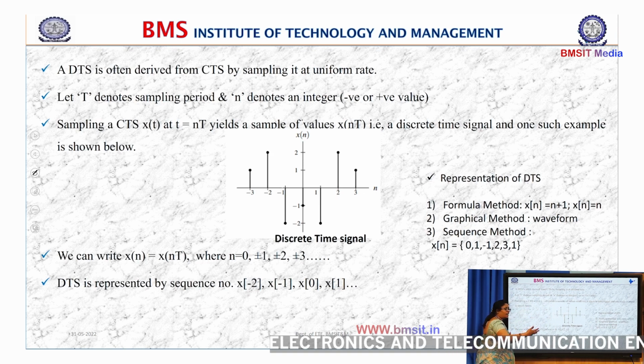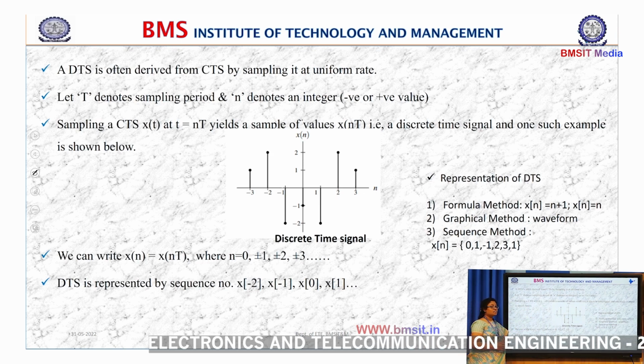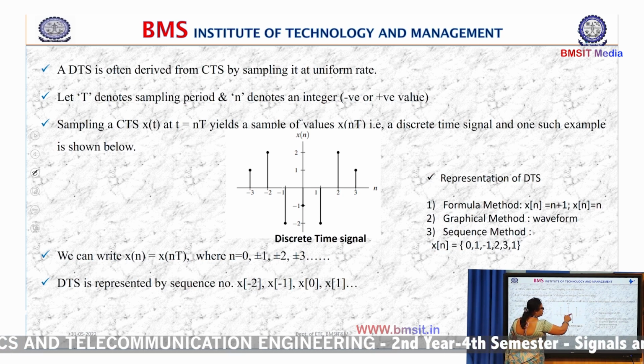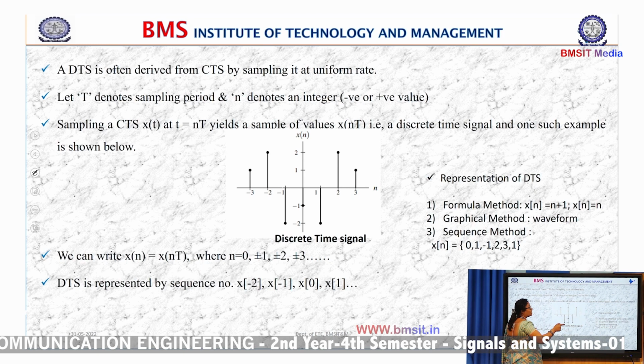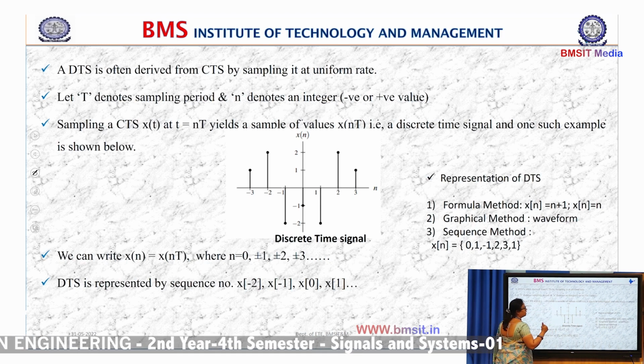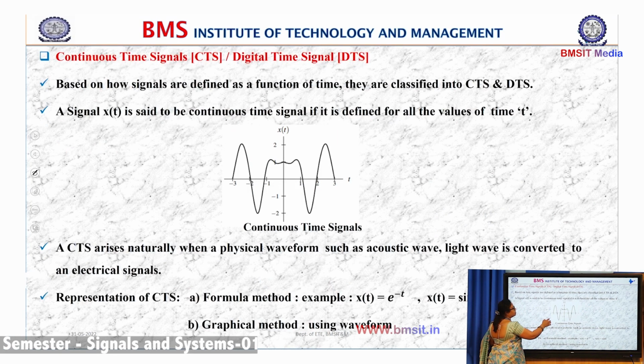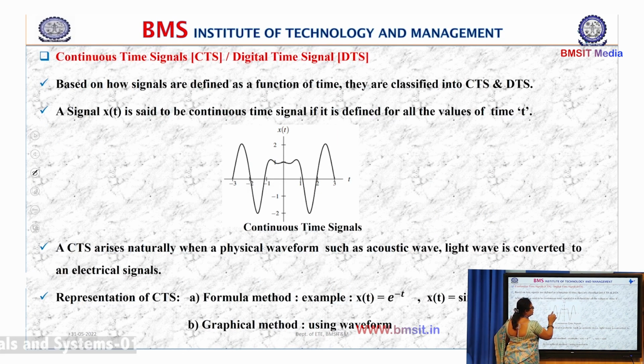For discrete time, we represent using x of n, and the time axis is represented in terms of n instead of t. So please remember these two. Your continuous time signal we represent using x of t, and the time axis is indicated by t, at t is equal to minus 3, minus 2, minus 1, like that.